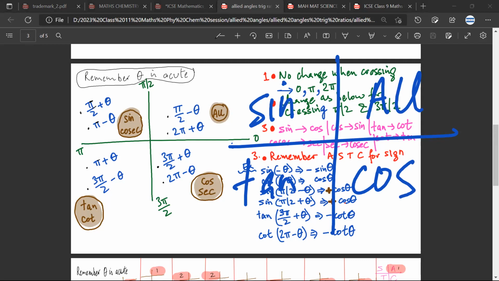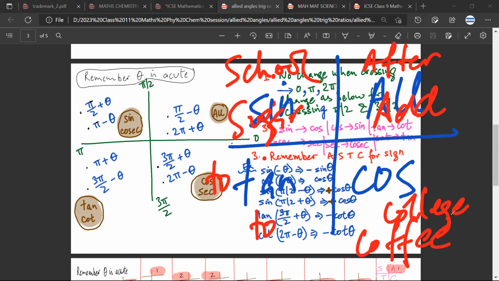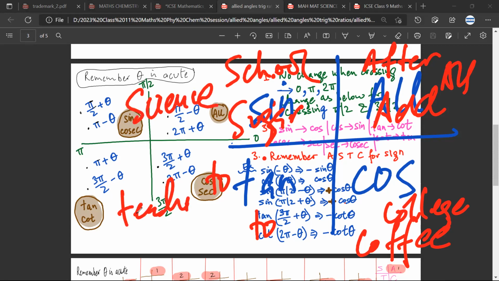So the mnemonic can be After School To College, or it can be Add Sugar To Coffee, or it can be All Science Teachers Are Crazy.